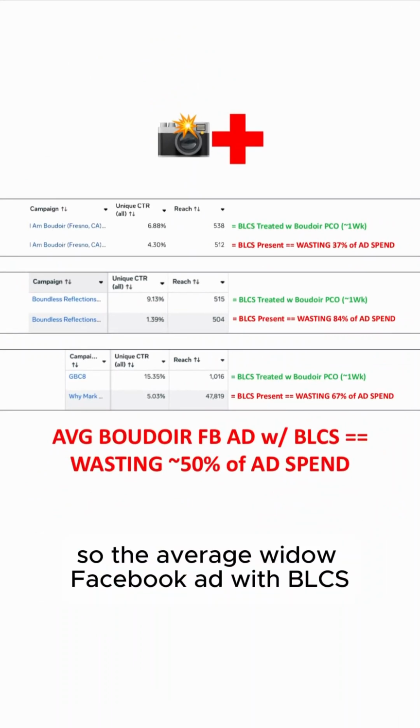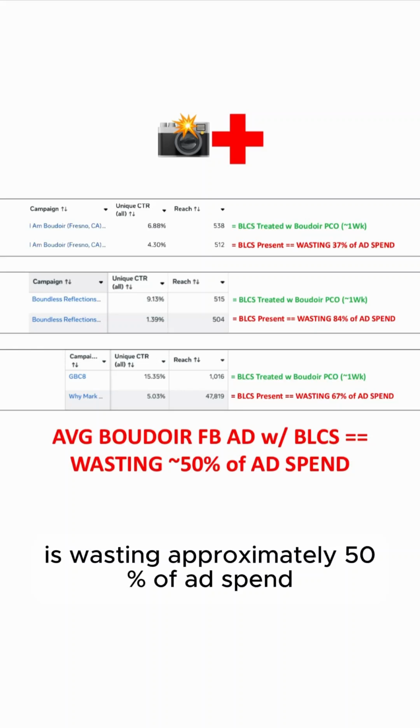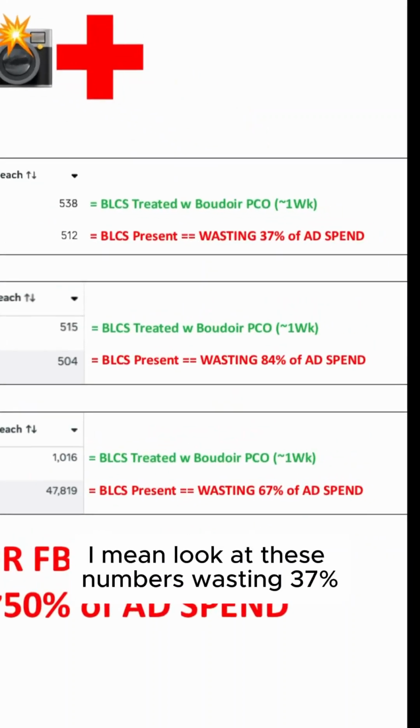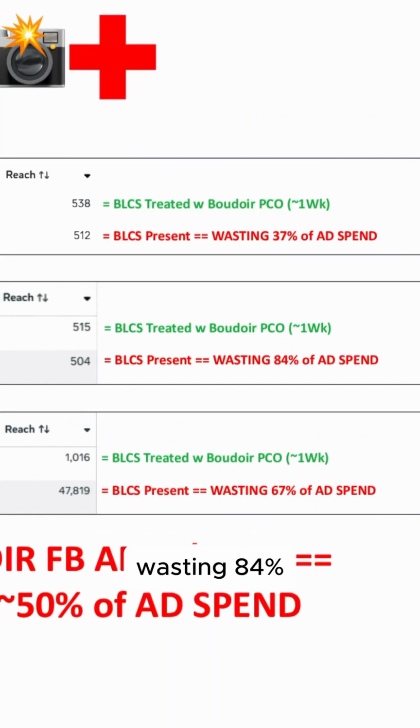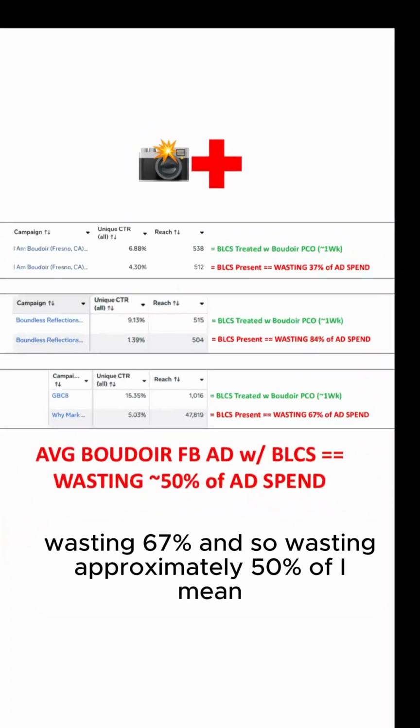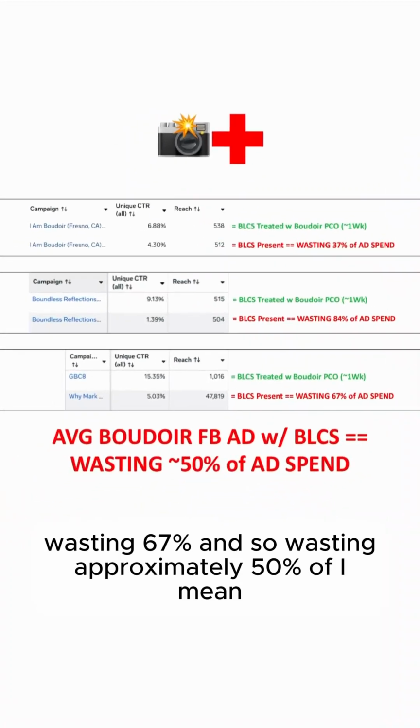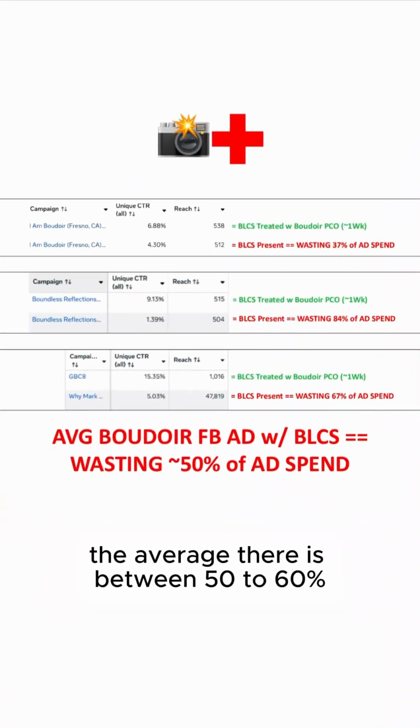So the average Boudoir Facebook ad with BLCS is wasting approximately 50% of ad spend. I mean, look at these numbers: wasting 37%, wasting 84%, wasting 67%. So the average there is between 50 to 60%, something like that.